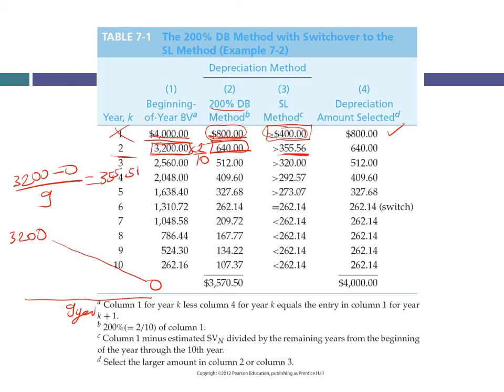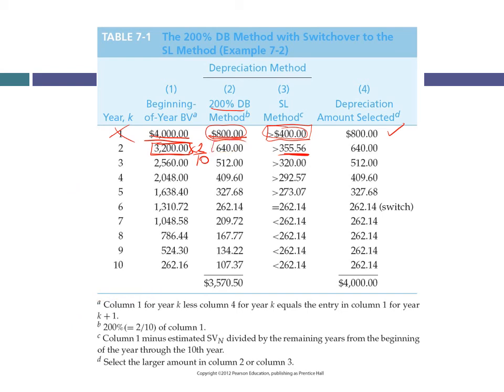Now compare these two with each other: the depreciation that we calculate by the declining balance, and the depreciation amount that we calculate by the straight line method. Since the depreciation in declining balance is larger, we select that one and continue.